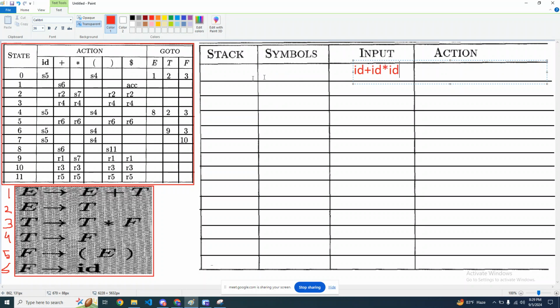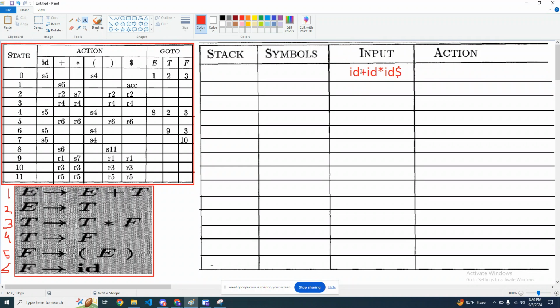You can write it under one another, that is also fine, but it should have four columns. One is stack, one is symbols, one is input, and one is action. Your input is the input given in your question that you need to verify, and after that you need to add a dollar sign. So your first task is to add a dollar sign with the input and put it under the input field.